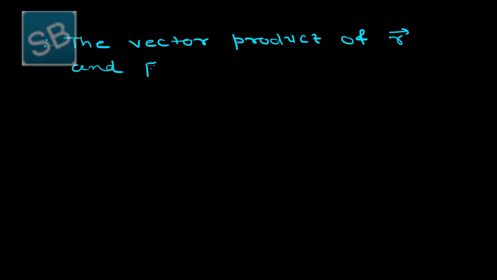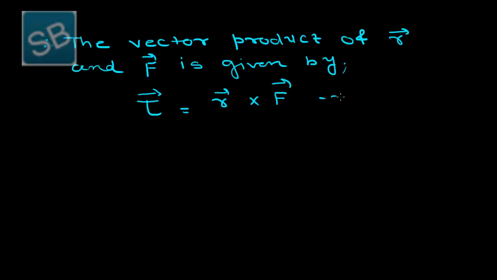So the vector product of r and force F is given by, this is the symbol of torque and it is read as tau, tau is given by r cross F. So this is your equation number 1.